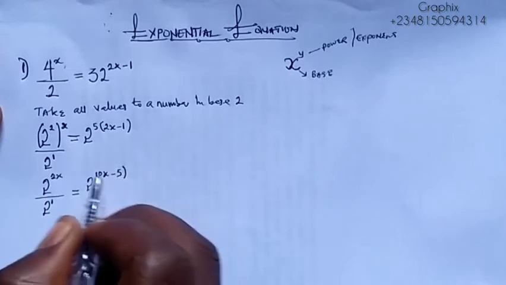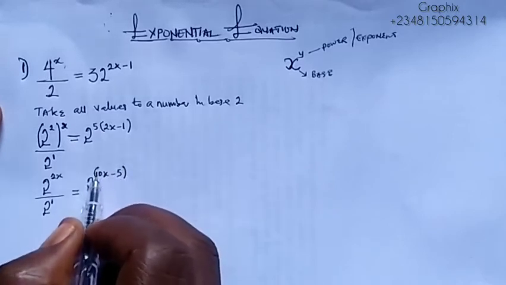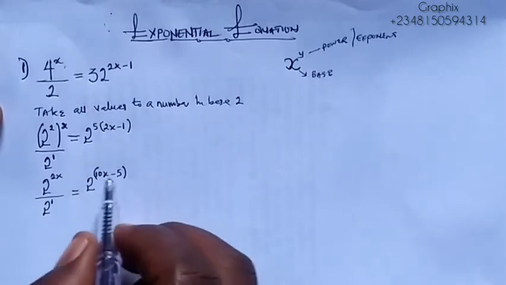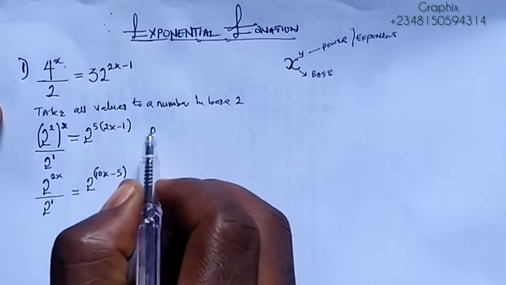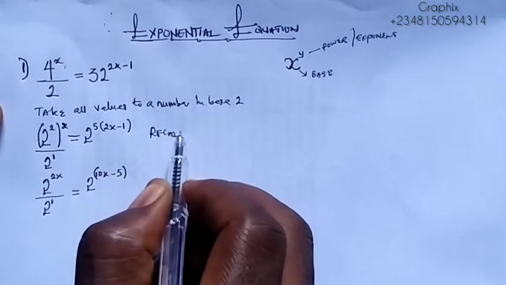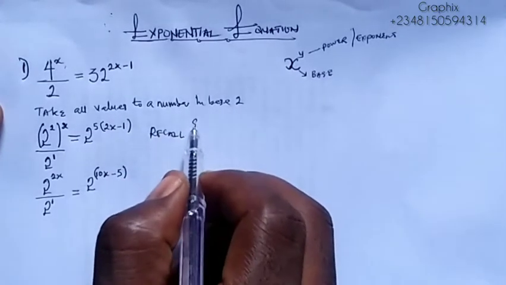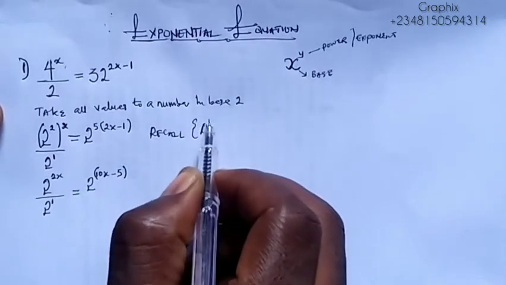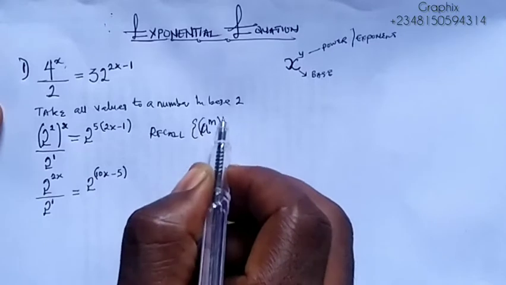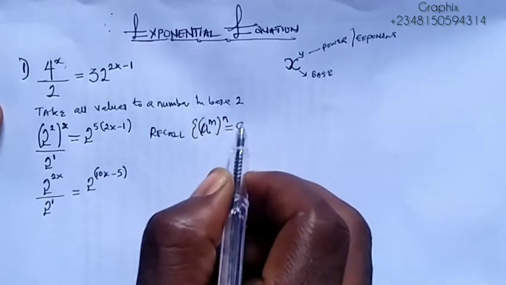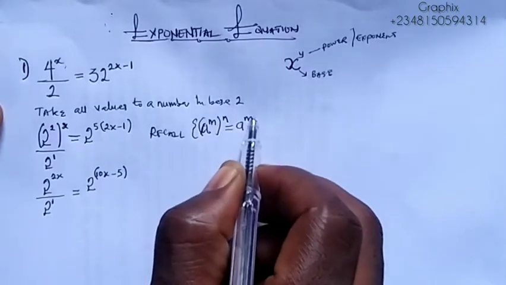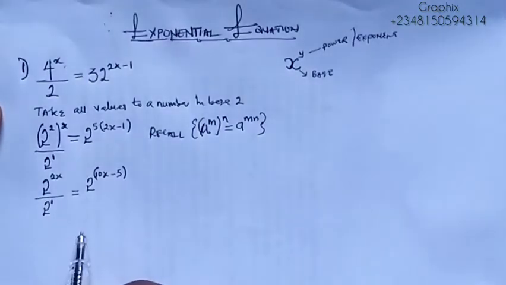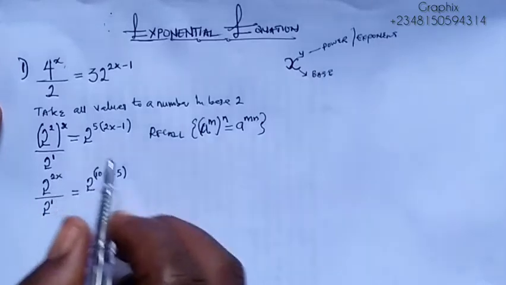Recall that if I have a raised to the power of n, into bracket, raised to the power m, it will give me a raised to the power nm. That is a law.